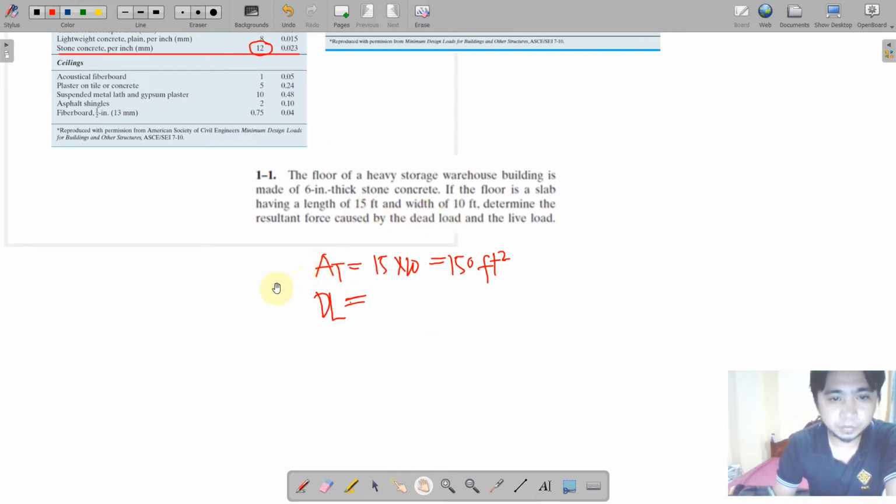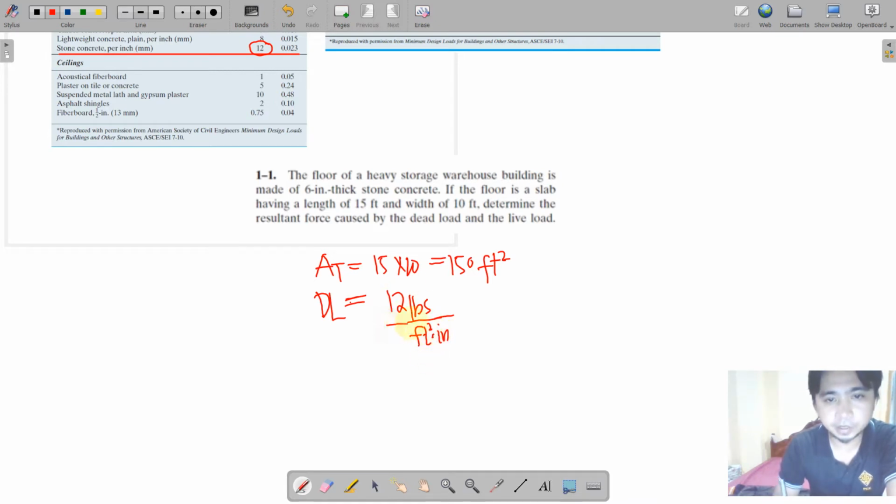So for stone, we have 12 pounds per square foot per inch.